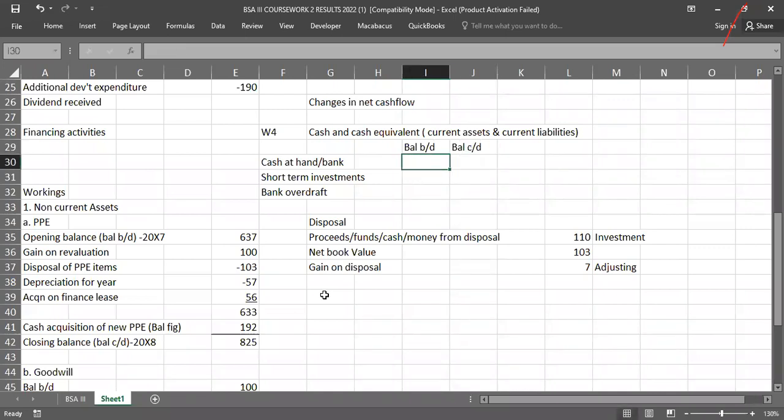Okay, so I can see the investments. The opening balance of investment, you have it as 46. And then the closing balance for investment, we have it as 143.